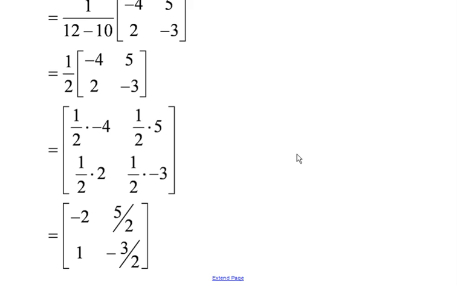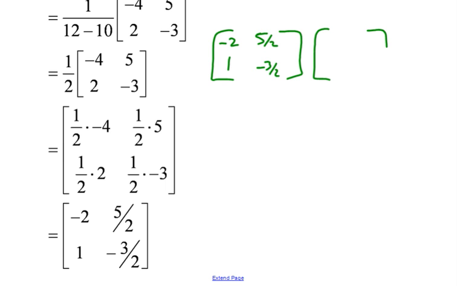Now, the way you can check to make sure it's an inverse, if you take the inverse that you got, -2, 1, 5/2, -3/2, and you multiply it by the original matrix, which is -3, -5, -2, -4, it will equal the identity.